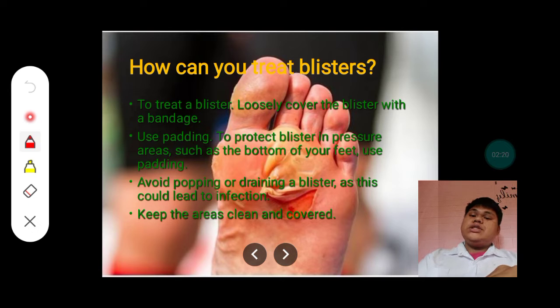Number 3, avoid popping or draining a blister as this could lead to infection. Keep the areas clean and covered. So we should keep the areas of the blisters clean and covered.